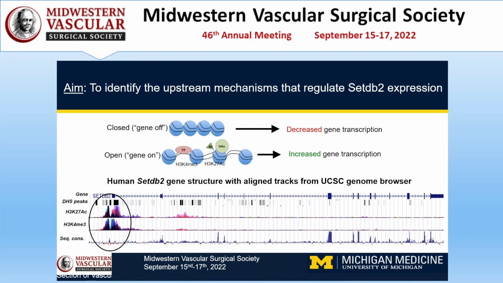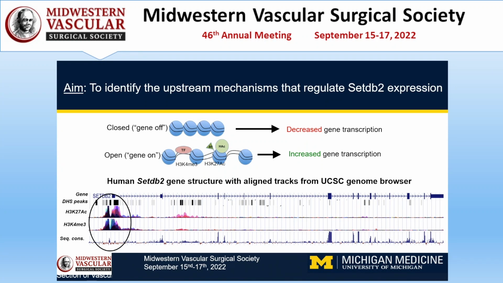This is a very simplified view, but it helps to frame the model for the talk. My approach was to look at open chromatin sites within the SETDB2 promoter to identify potential regulatory elements that regulated SETDB2 expression. At the bottom of the screen is the gene architecture of the human SETDB2 gene.